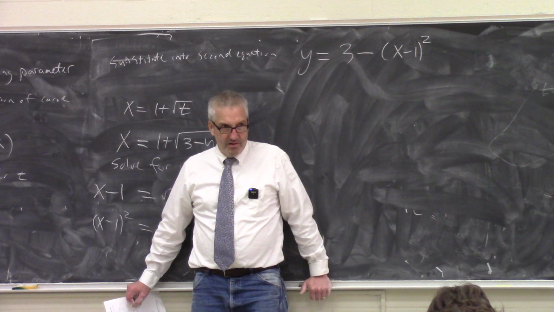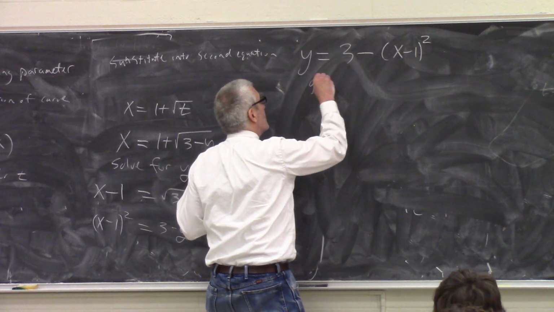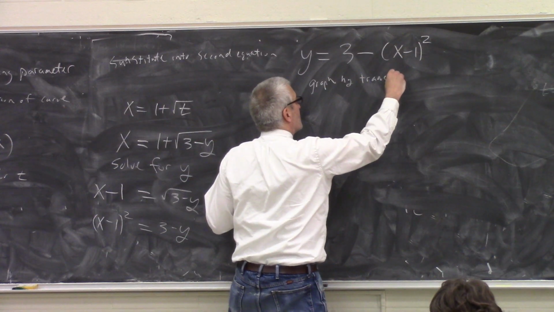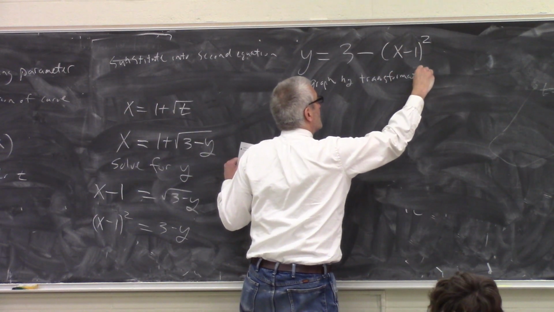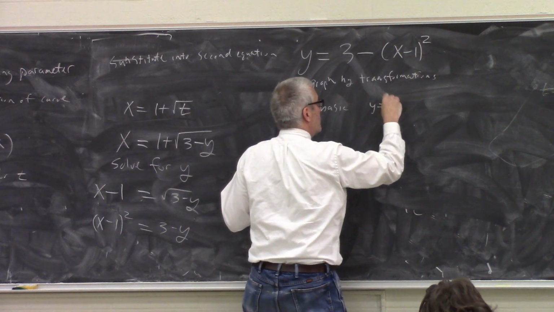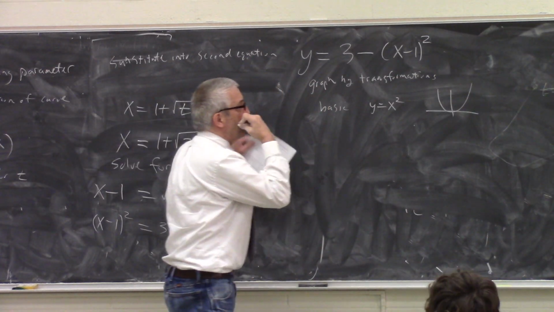What's the equation? Y equals x squared. So their basic graph is y equals x squared. So that's this baby. What do we want to do next?